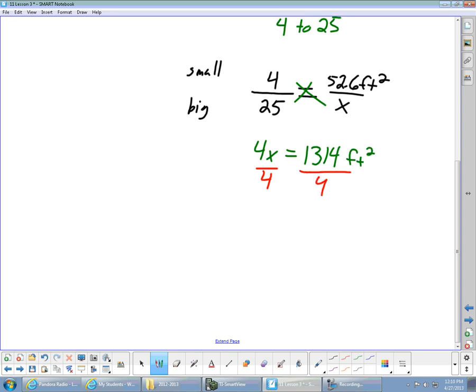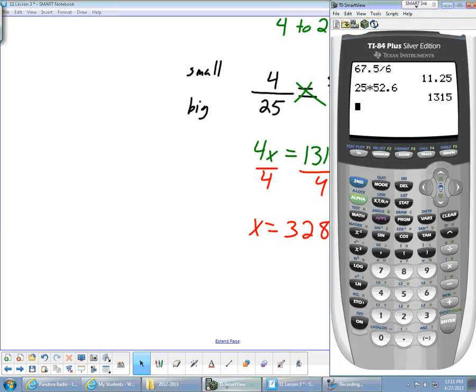Divide by 4. So x equals, and what we get then is 4 goes into 13 three times, and then we got 11. 4 goes into that twice. We got 34. 4 goes into that eight times, and then we're left with a half. So let's just see here if I can do my math correctly.